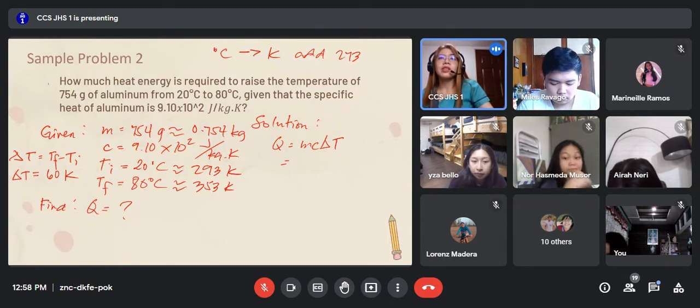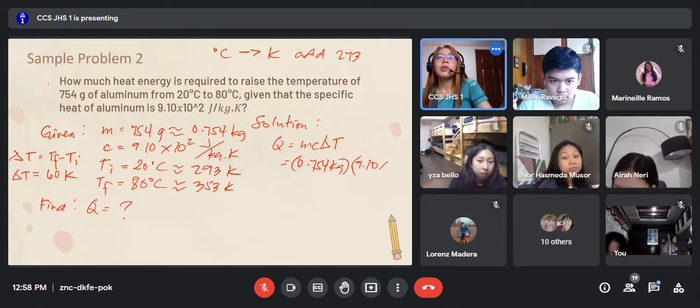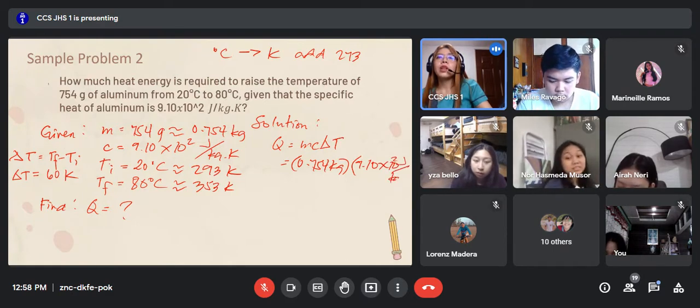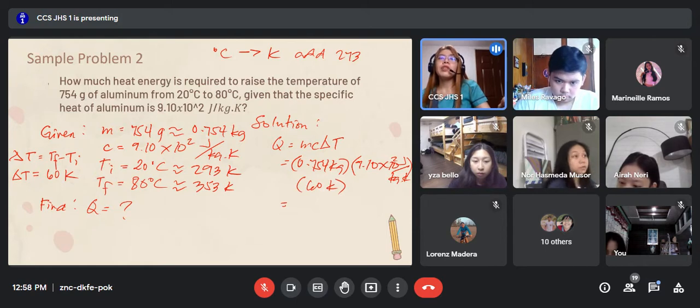Okay, same naman sila. So substitute all the values: mass is 0.754, specific heat is 9.10 times 10 to the power of 2 joule per kilogram Kelvin, and delta T is 60 Kelvin. Multiply everything.